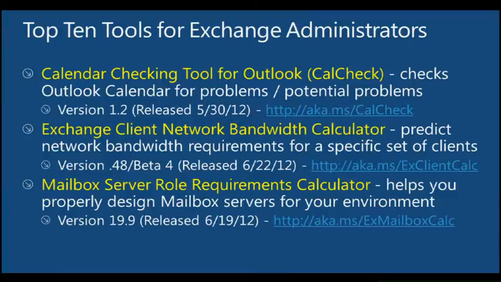Speaking of updates, just literally 3.5 days ago, we released an update to the Exchange Client Network Bandwidth Calculator as well. Anybody tried that out yet? It's still in beta, so it's okay if you haven't seen it yet. This is a fairly significant update that we've just done to this tool, though. The previous beta that we had, beta 2, did not take into account what we're calling the time zone phenomenon or the time zone problem.